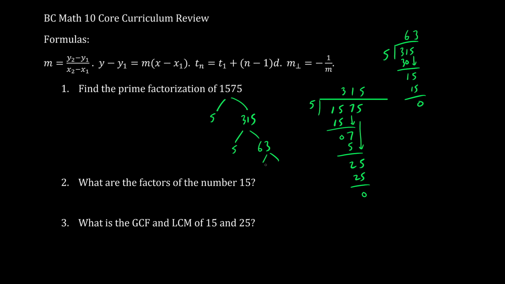What times what is 63? We have 9 times 7. And the 9 breaks down to 3 times 3. So you can see that the prime factorization is 3, 3, 5, 5, and 7. We can also write this as 3 squared times 5 squared times 7.